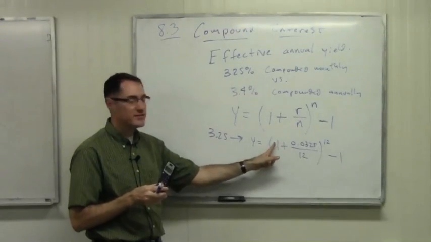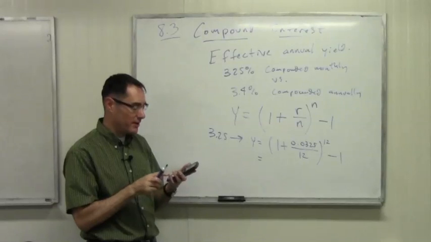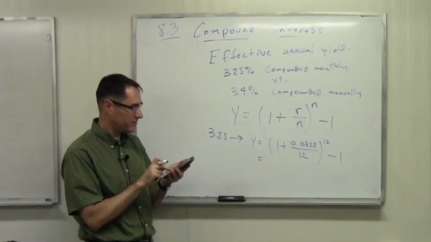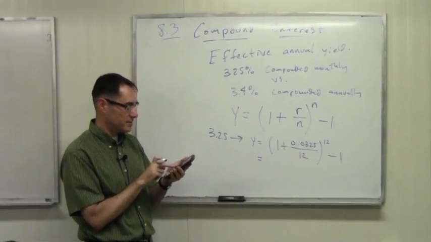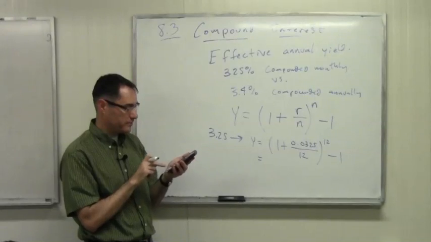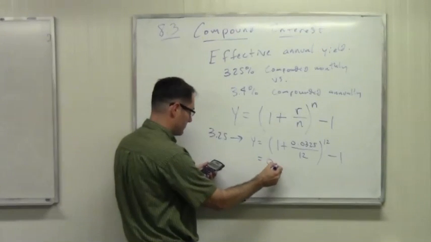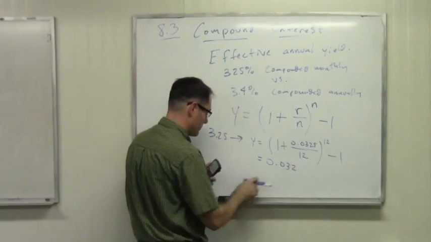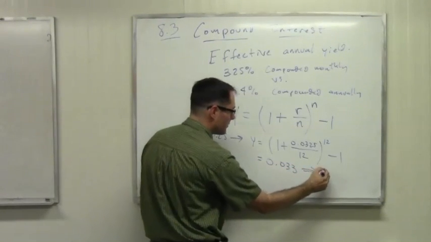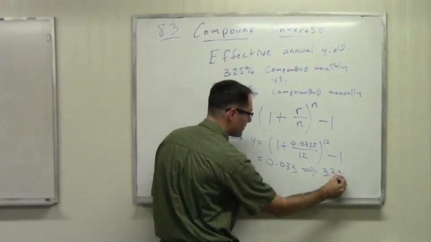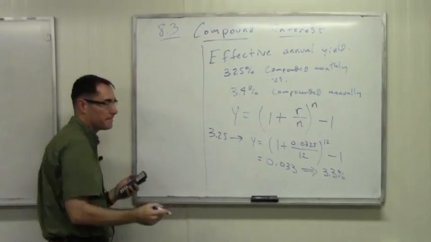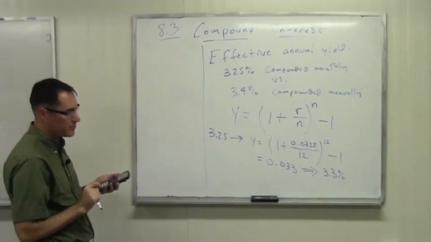Easiest way to do this is to put an open parenthesis straight off the bat. 1 plus 0.0325 divided by 12, end parenthesis, raised to the 12, minus 1. I'm going to round. I got 3.3%.